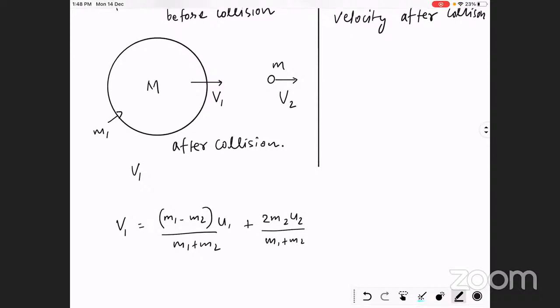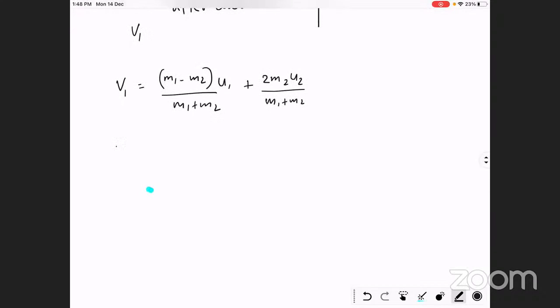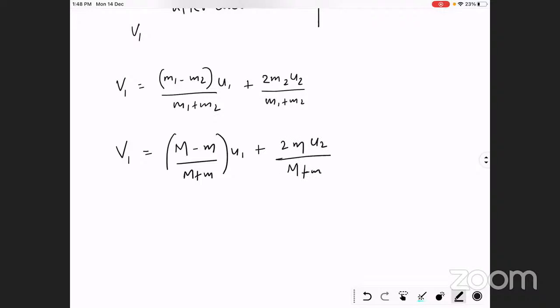Do you remember this? What is m1? Capital M minus small m upon capital M plus small m, u1, plus 2 small m u2 upon capital M plus small m.